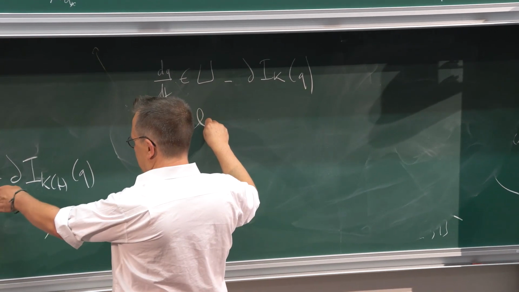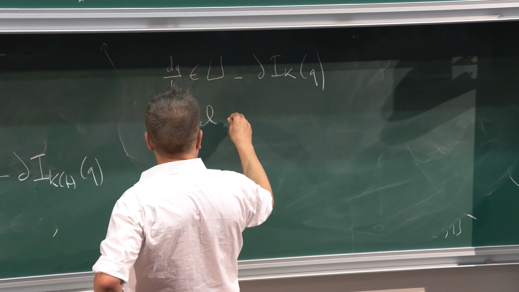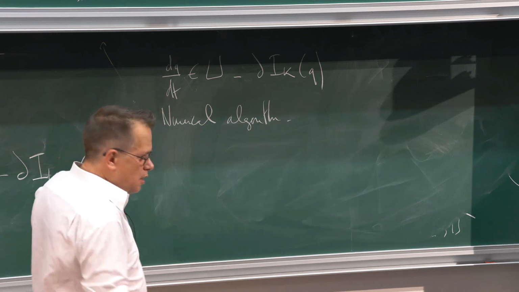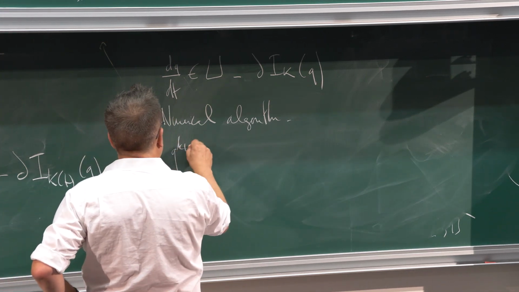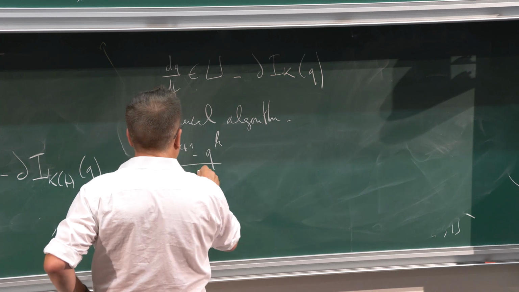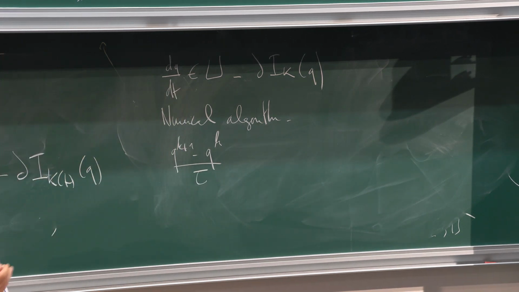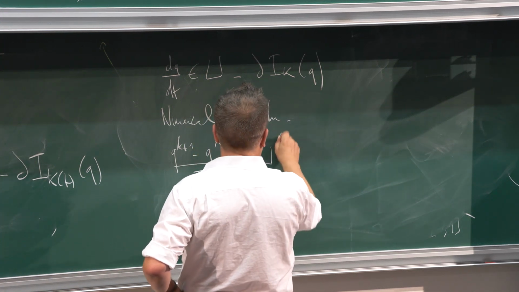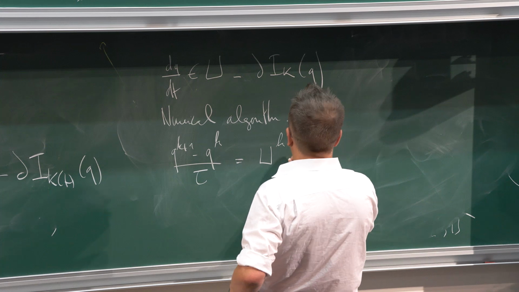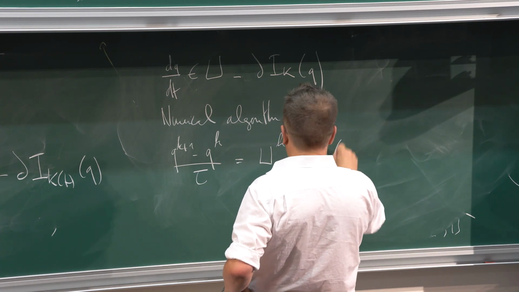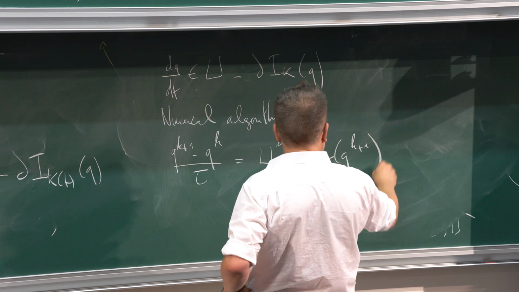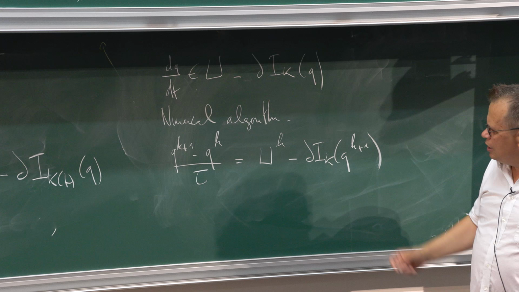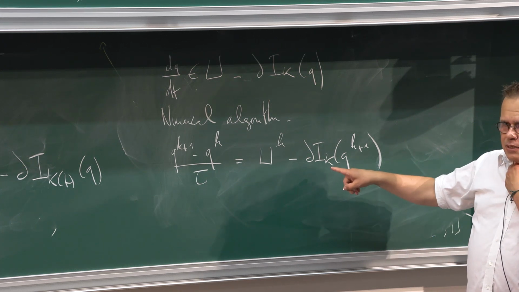That was already actually proposed by Maury in the 70s, a numerical algorithm. You just take the time derivative, well, with a finite difference spirit, and you take the velocity u at time k is minus the subdifferential at q k, and you write an implicit scheme. So typically, if the problem is actually ill-posed, this will be ill-posed too. And I'm claiming that this is actually simple.